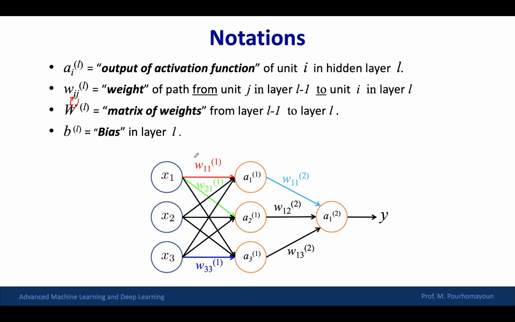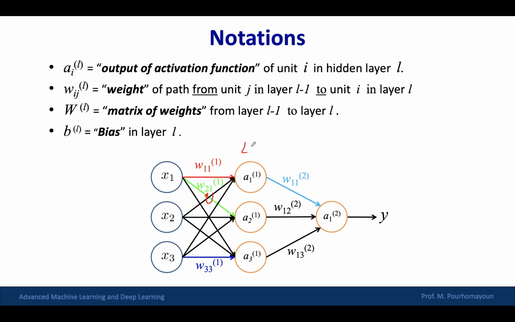Look at this. Again, these are standard definitions that we use to define different parts of the network. So this guy is W21 superscript 1. It means that it goes from the first input to the second node, or second neuron, of the first layer.